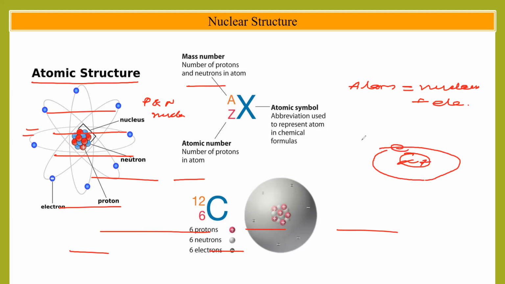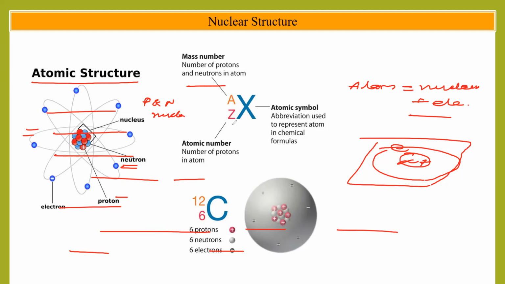So that whole structure is the atomic structure. The nucleus is the center part of the atom, and it is positively charged because it contains neutrons and protons. Neutrons are neutral, but protons are positively charged. That's why the nucleus is positively charged, and electrons revolve around the nucleus in energy levels.